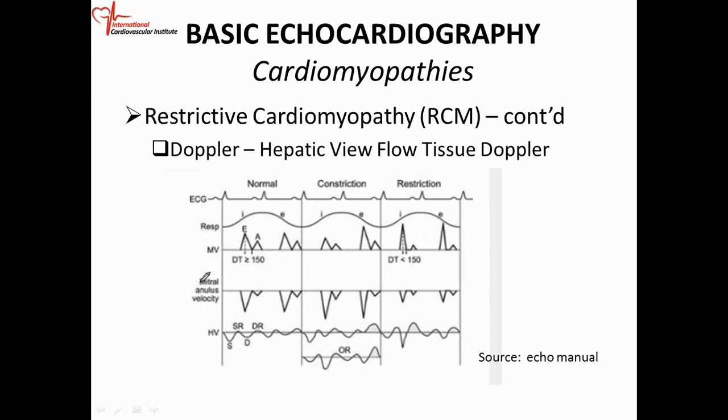Your mitral annulus velocity, or your TDI, it's a muscle disease. So when you look at your E prime compared to normal, it's going to be very small, very tiny. You see, E prime, the early velocity, is small. When you look at your hepatic vein flow, you normally get a systolic component, okay? And then you get, as we said, the diastolic component is reversed. So the diastolic component is actually on top, okay?